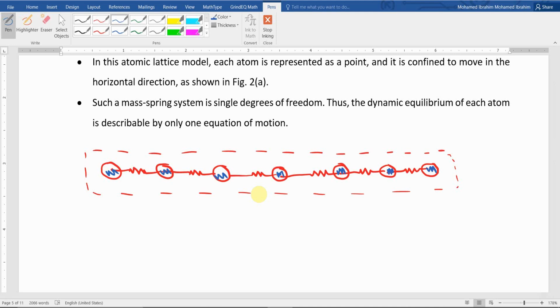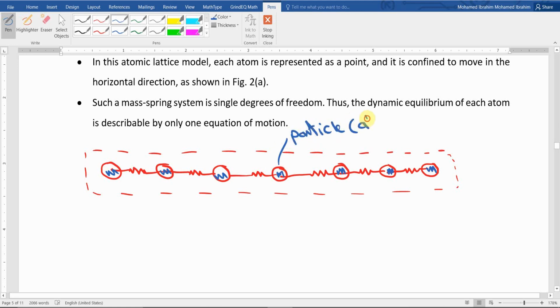So generally, in terms of mechanics, each one of these is just a particle. This is a particle, or an atom, right? So all of these are different particles, and so on. Make sense? And there should be some interaction between them.